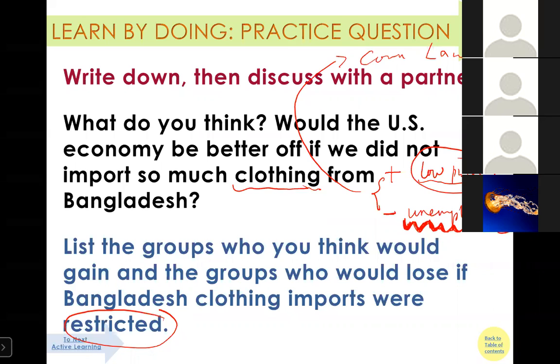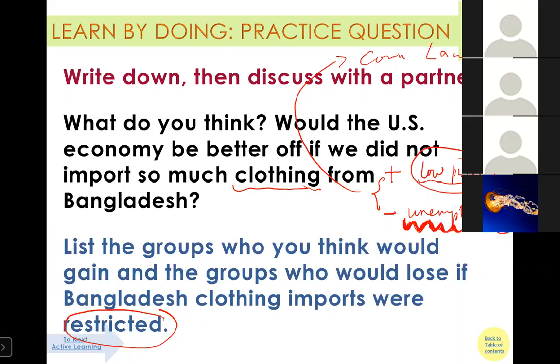And consequently, the US economy becomes stronger. That probably is a better solution instead of simply restricting the imports. All right. So feel free to send me messages or emails if you have thoughts on these questions.